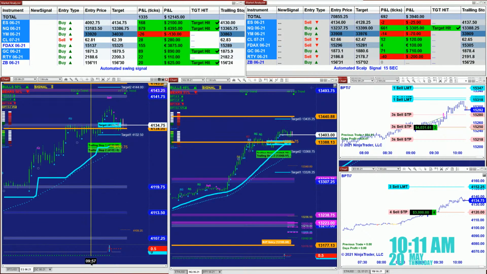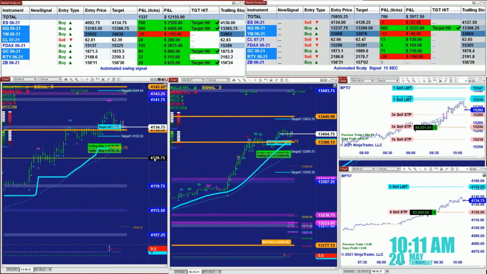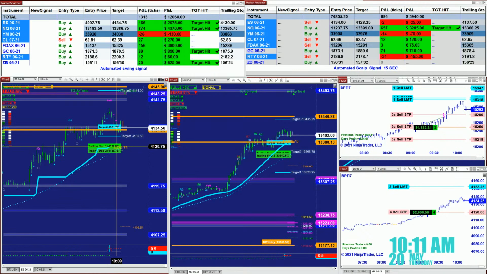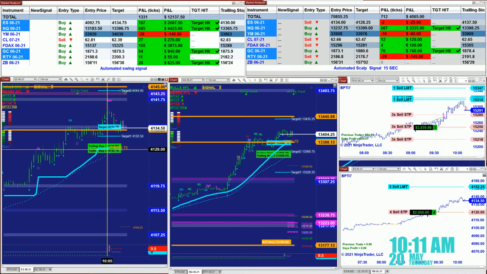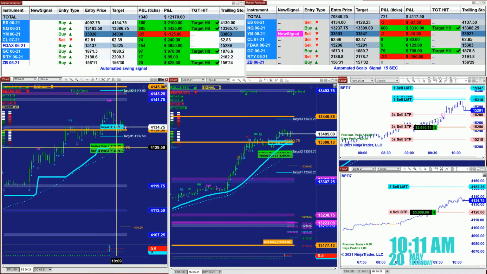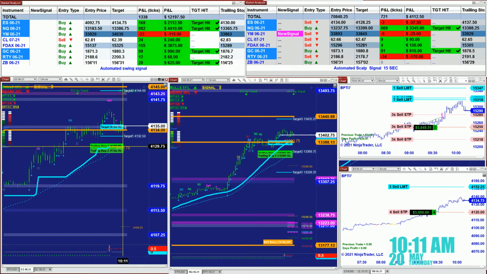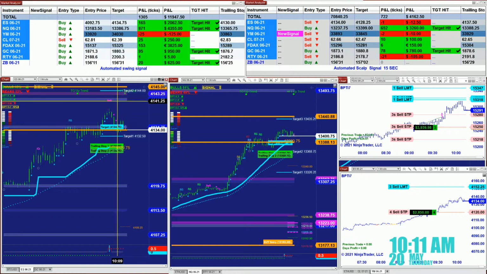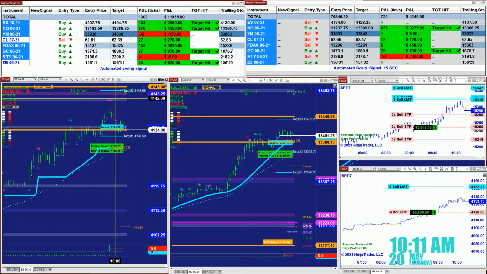Again, the system drew everything for you. As you notice here, there is a yellow number, 4129.75. The system is calculating this is where you can re-enter the market long, or if this market is willing to drop to the re-entry point, you can take that trade manually. And then the double resistance is at the end of it.